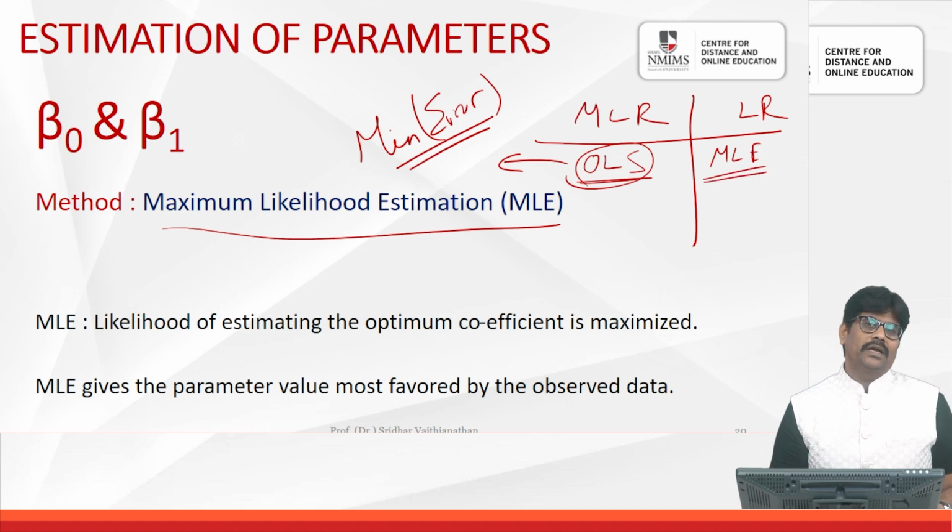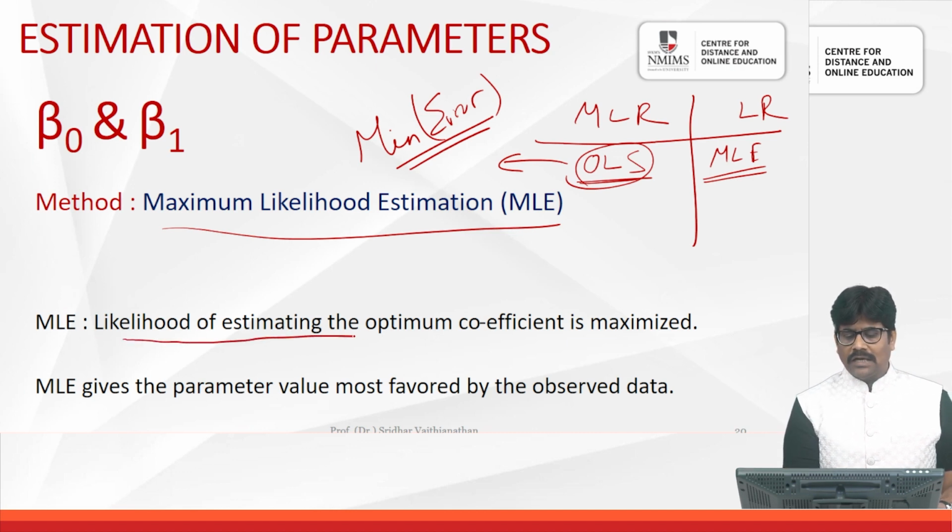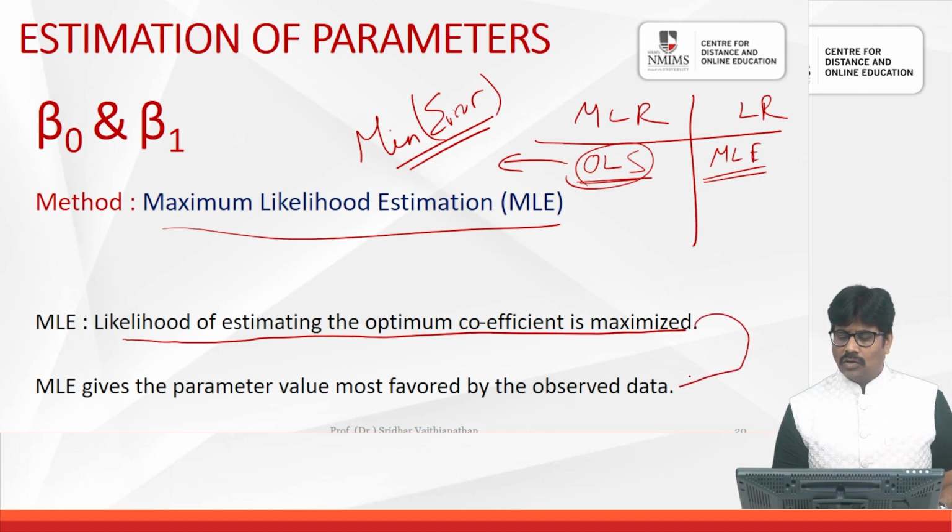So what does maximum likelihood estimation do, without getting into the technicality of it? The likelihood of estimating the optimum coefficient is maximized because it concentrates on optimizing the value of estimates from the sample data. That is the beauty of maximum likelihood estimation. The coefficients are basically your beta coefficients.